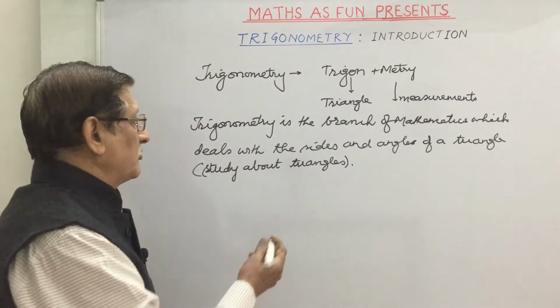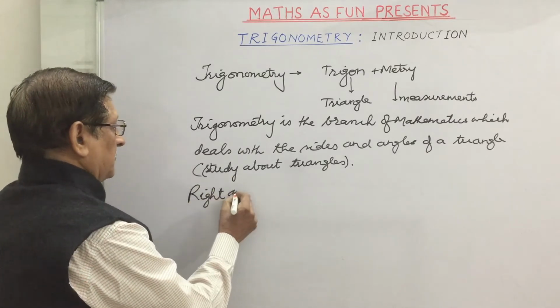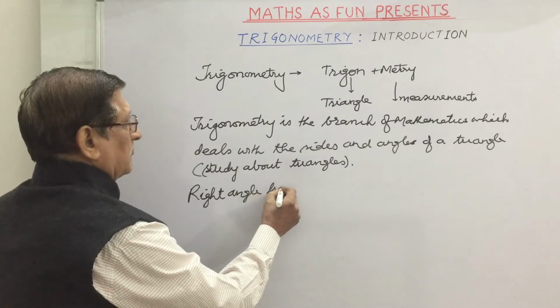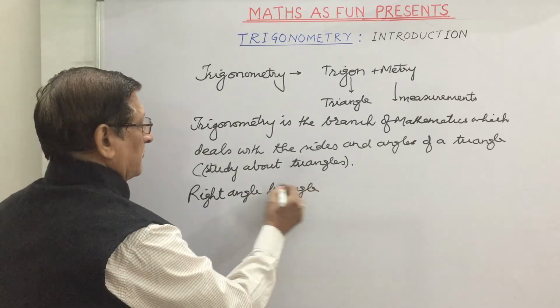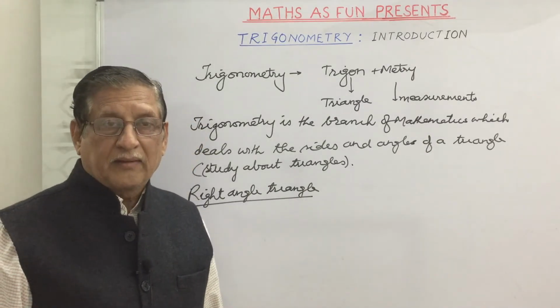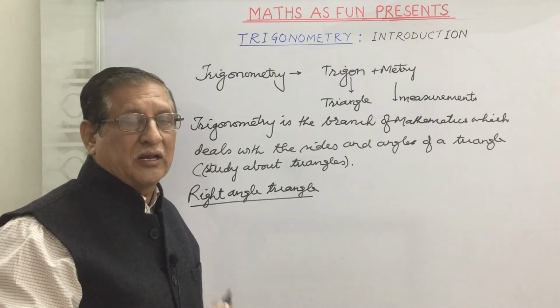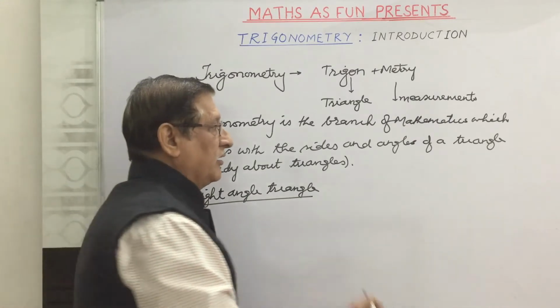In triangles, when we talk about a right angle triangle, we know what a right angle triangle is. It is a triangle in which one angle is a right angle or 90 degrees.